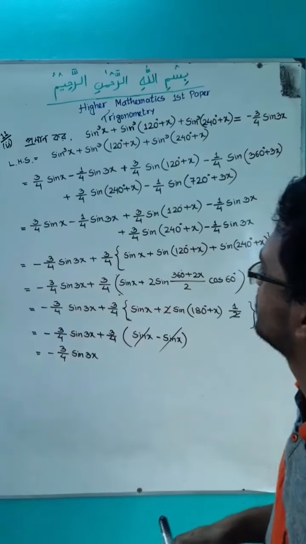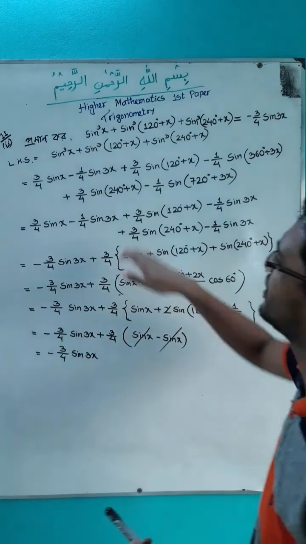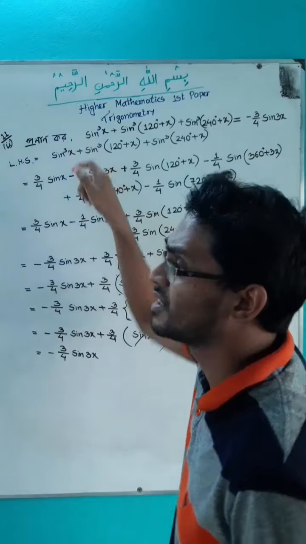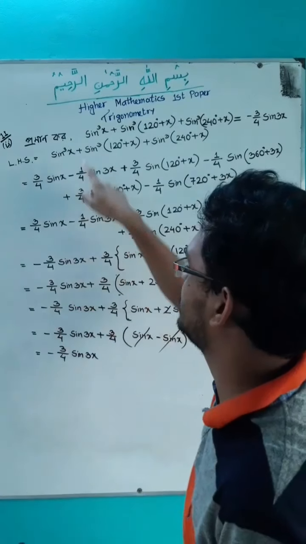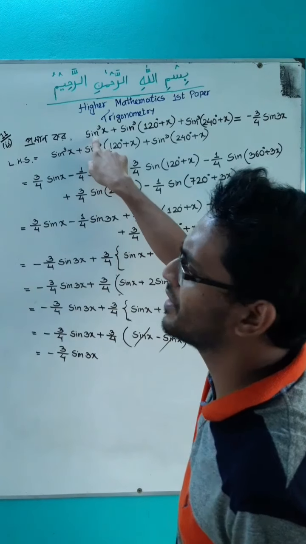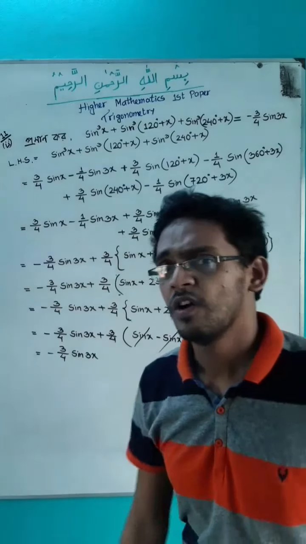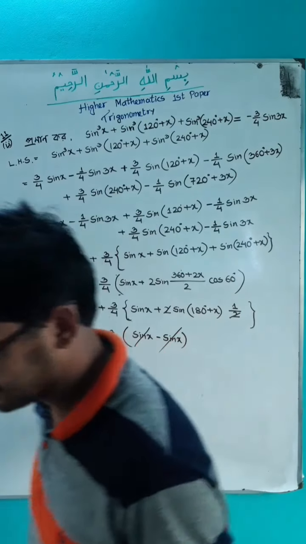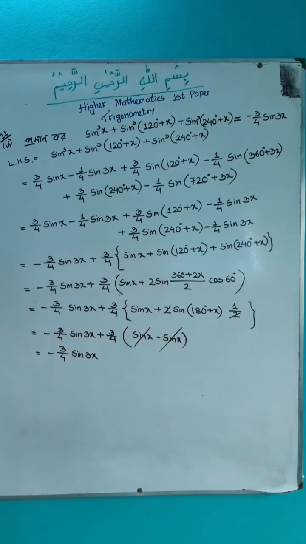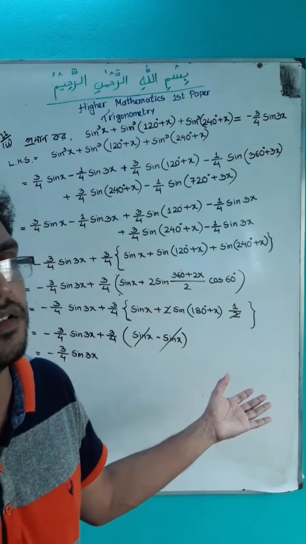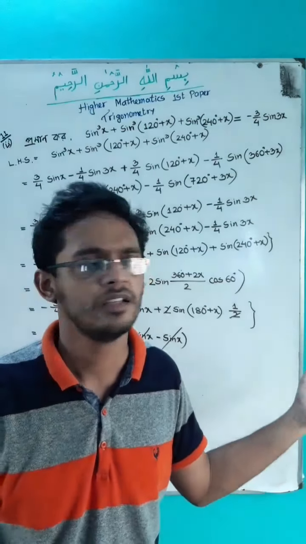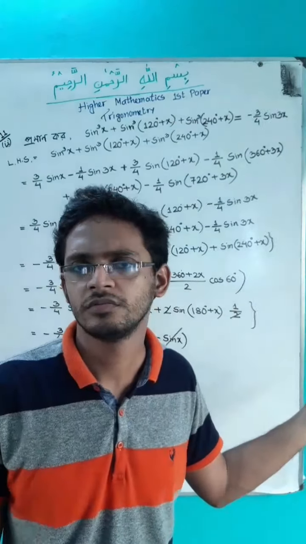I've shown previously that we need to use sine theta term. If there is cos cube x, then you need to use cos 3a, that formula. And this one is from the writer book of Ashim Kumar Shah, sir's book.